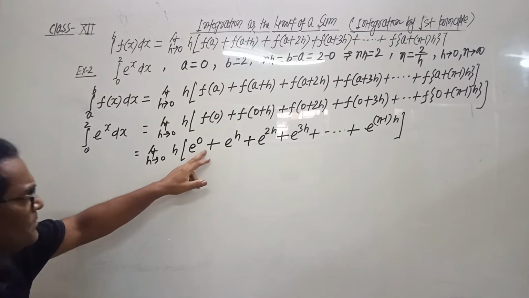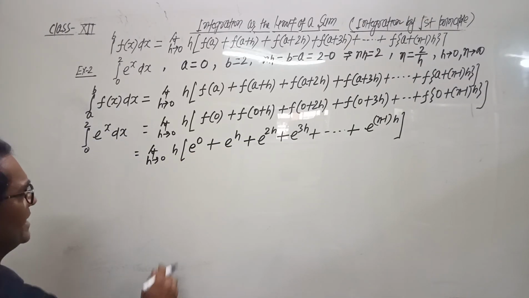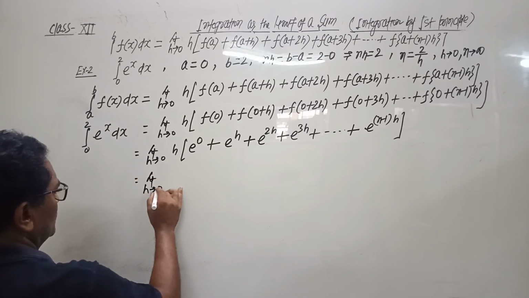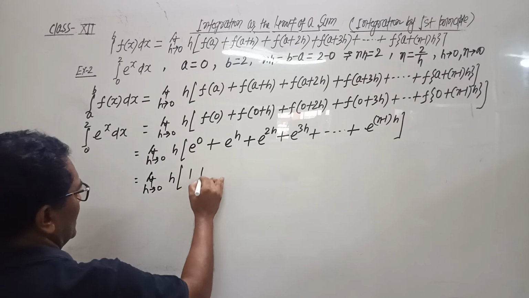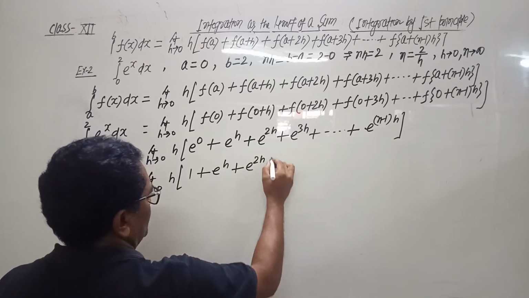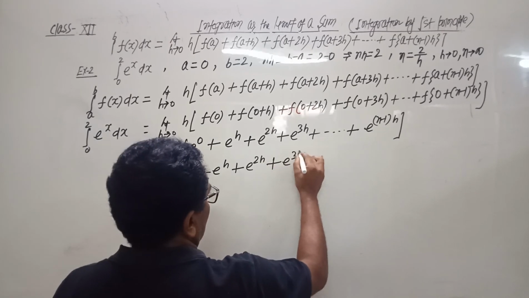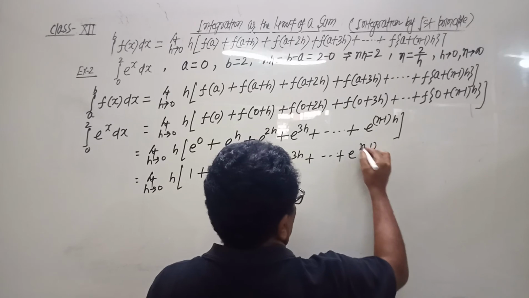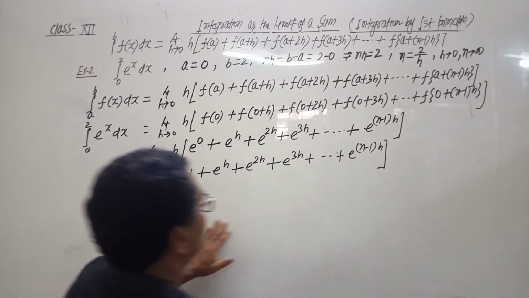So e raised to the power 0 can be written as 1. So limit h tends to 0 of h times [1 plus e^h plus e^2h plus e^3h plus ... plus e^(n-1)h]. So this is the terms of a GP.